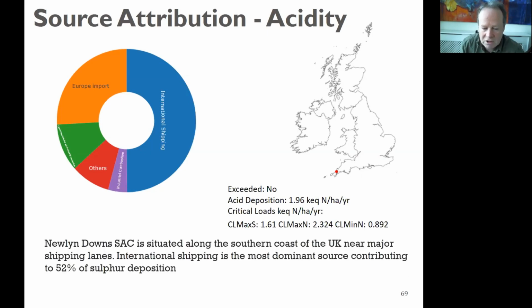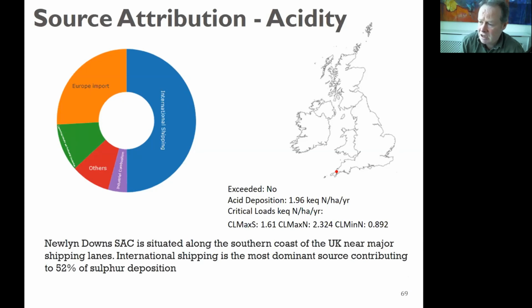So Newland Downs. It's on, as you can imagine, shipping lanes in the channel. And even though it's quite a small contribution of sulfur in total, half of it is coming from shipping.